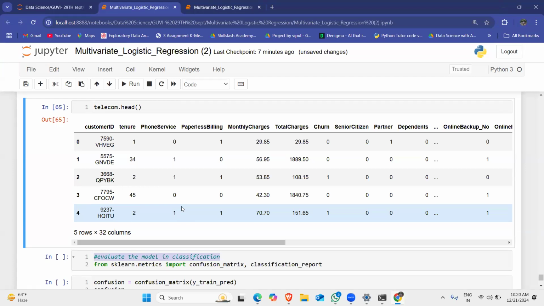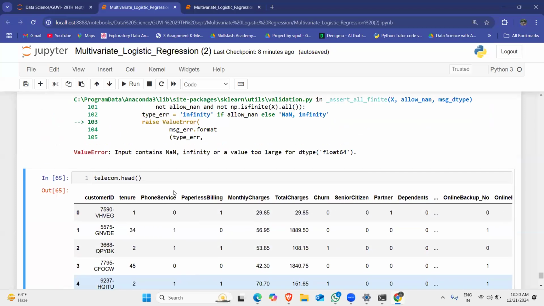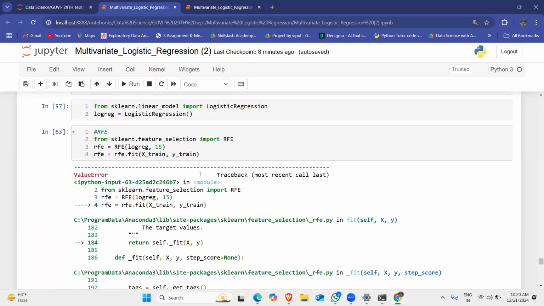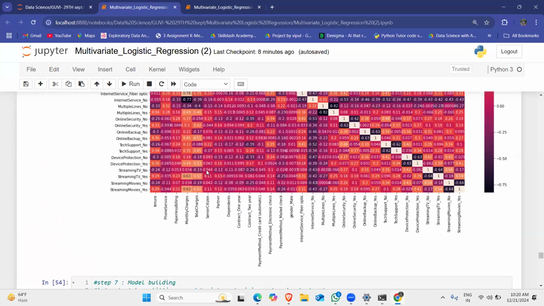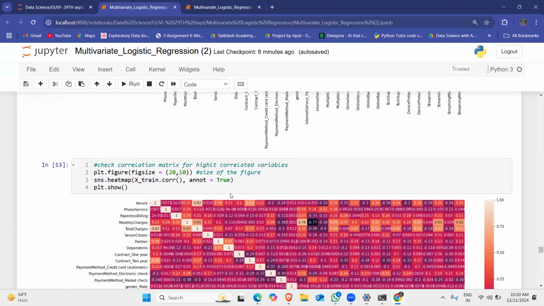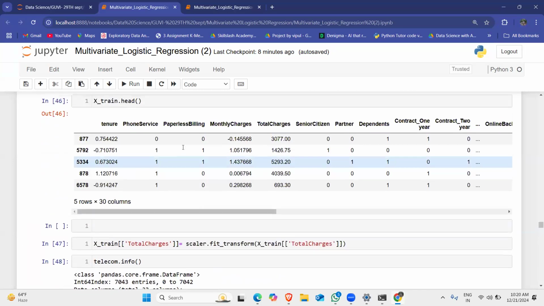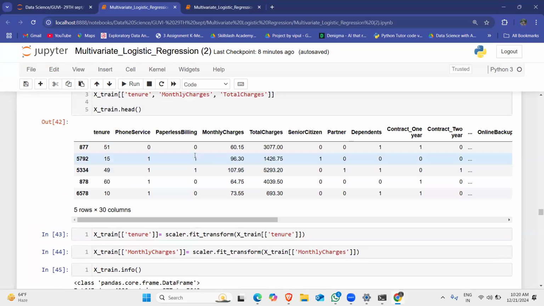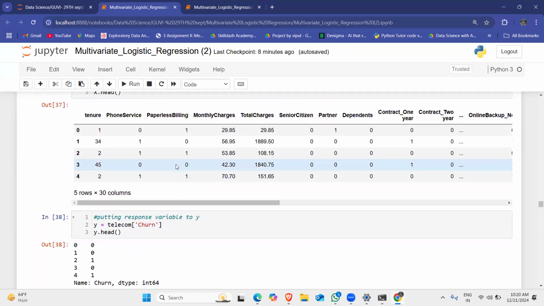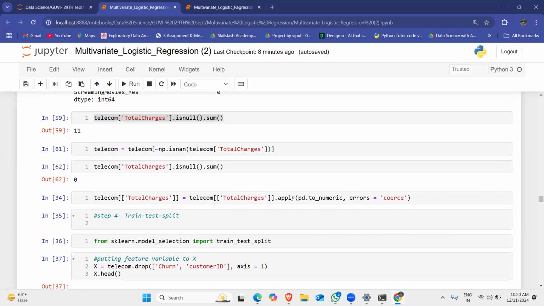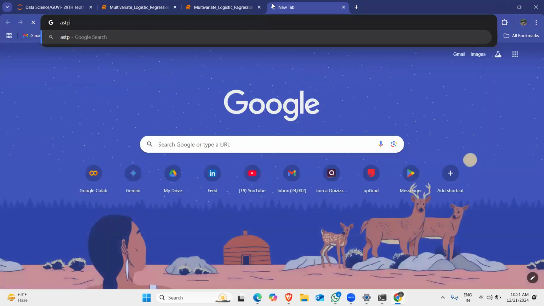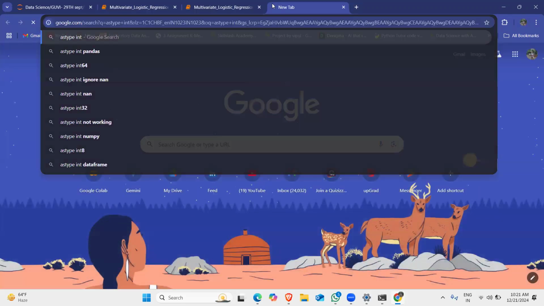So either we can convert that to integer, or we have done this for another column earlier, pd.to_numeric. Where is that? Here. For total charges, we already have done. Let us try to convert that to integer.